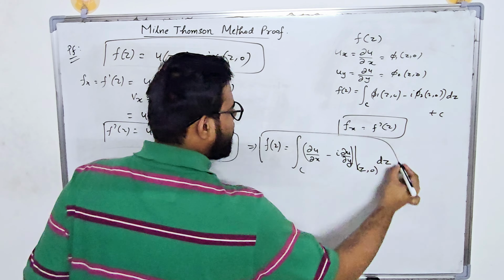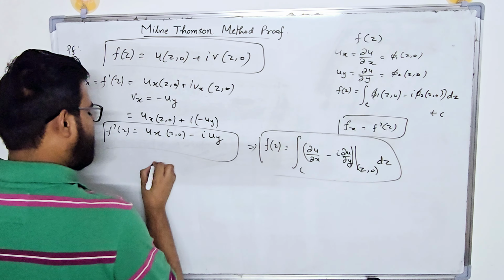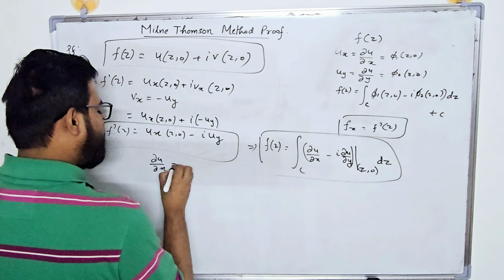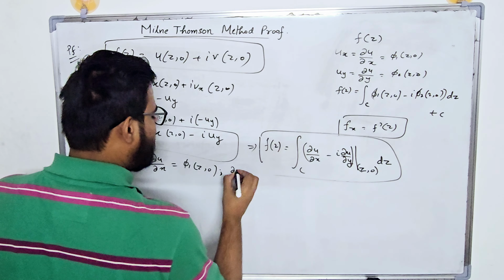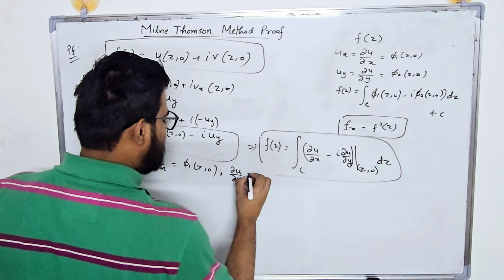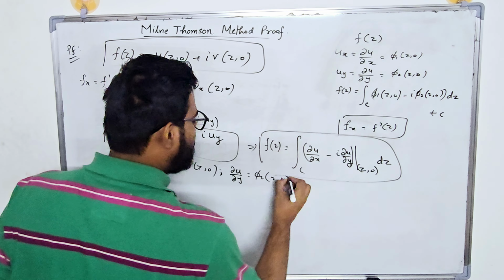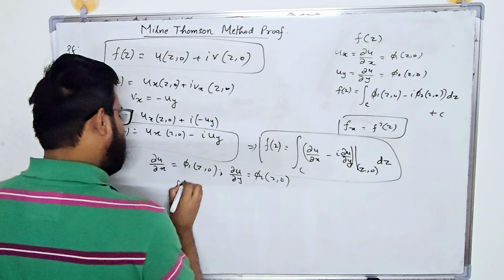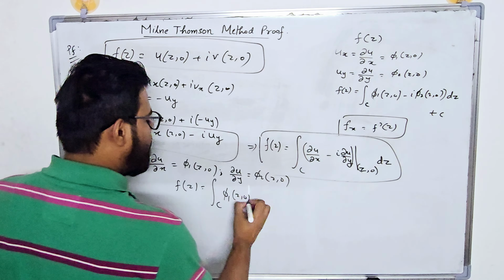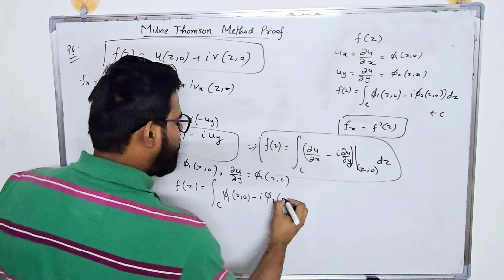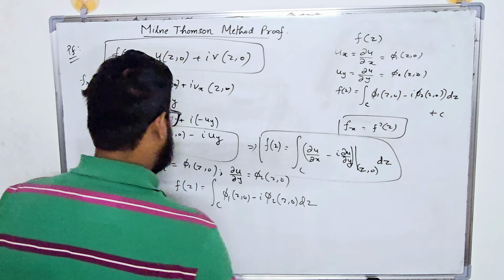So we can say from here that if we set del u by del x equal to phi 1 of z comma 0 and del u by del y as phi 2 of z comma 0, then f of z is equal to the integral in the complex plane of phi 1 of z comma 0 minus i times phi 2 of z comma 0 dz.